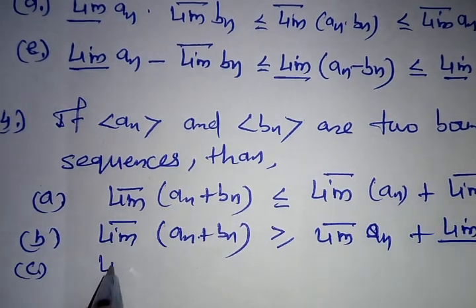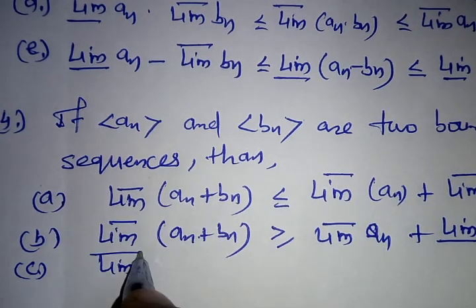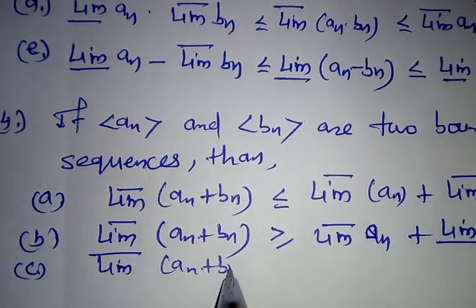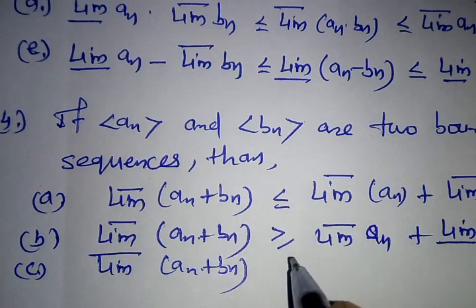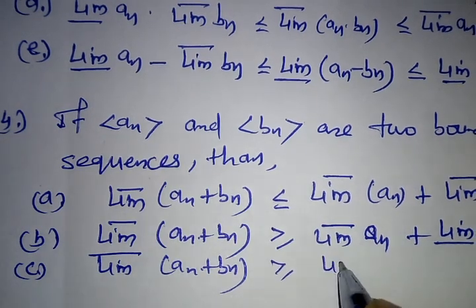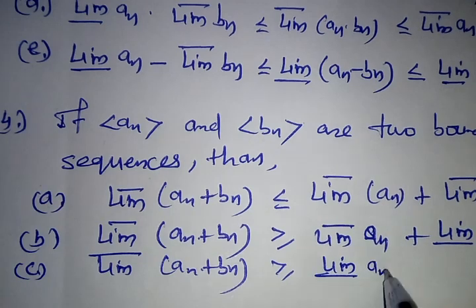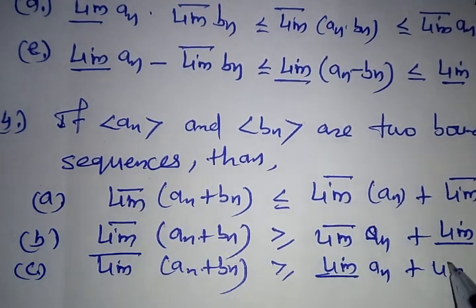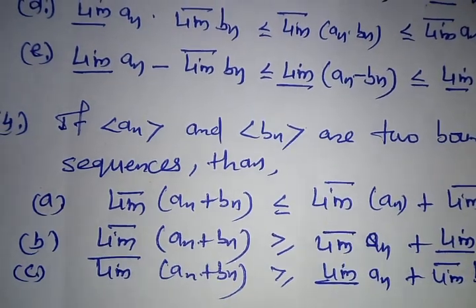Part c: limit superior of an plus bn is greater than or equal to limit inferior of an plus limit superior of bn.